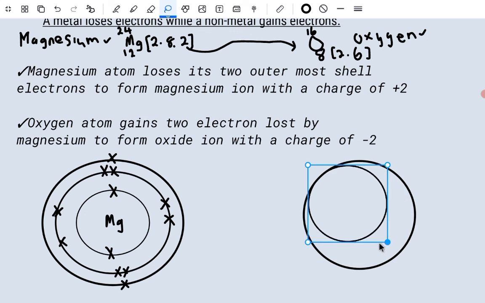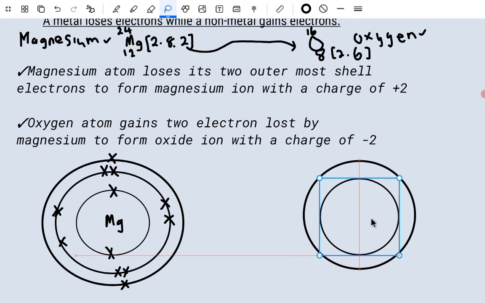Only 2 shells for this one. Alright, so this is oxygen. The first shell will have 2 electrons, then the second shell has 6 electrons.